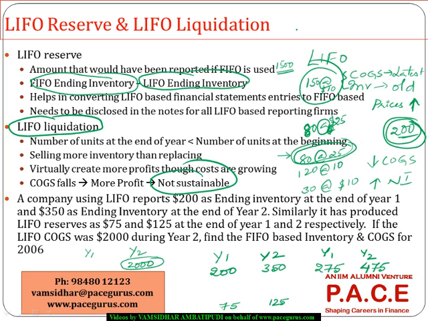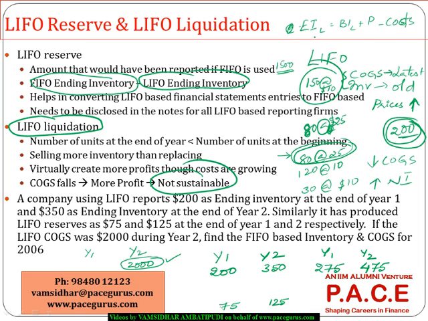The other way also is, okay, for the year 2, let's look at it. Year 2 cost of goods sold, ending inventory LIFO is equal to beginning inventory LIFO plus purchases minus cost of goods sold.